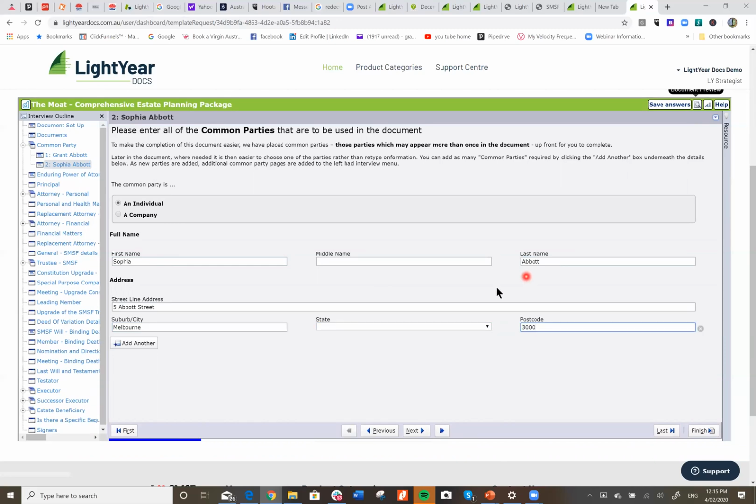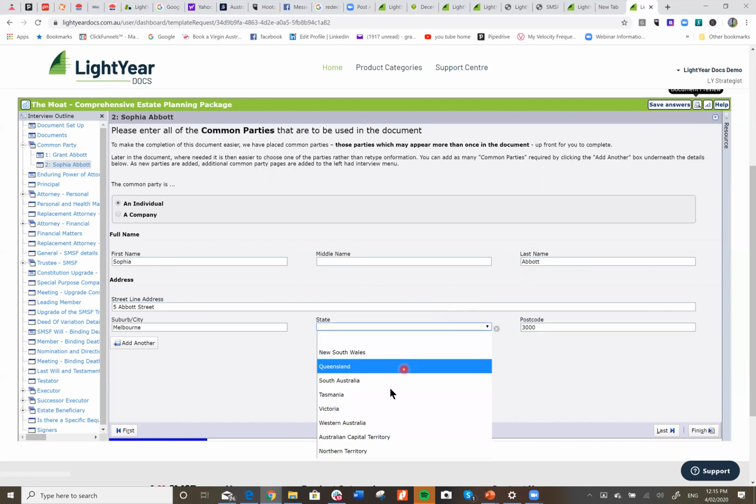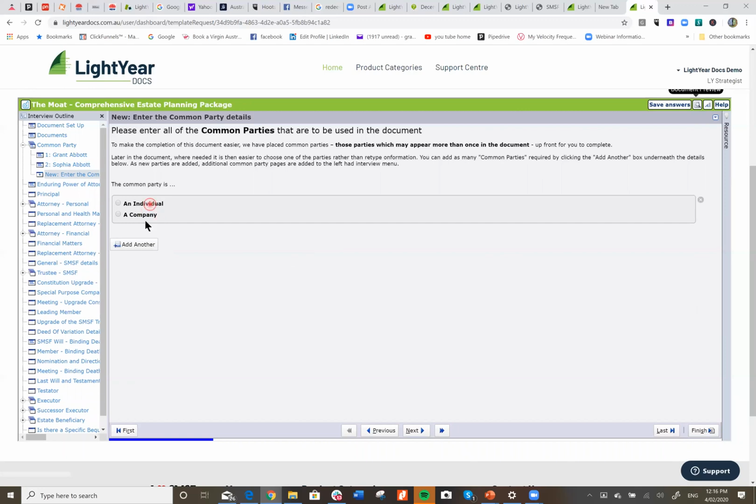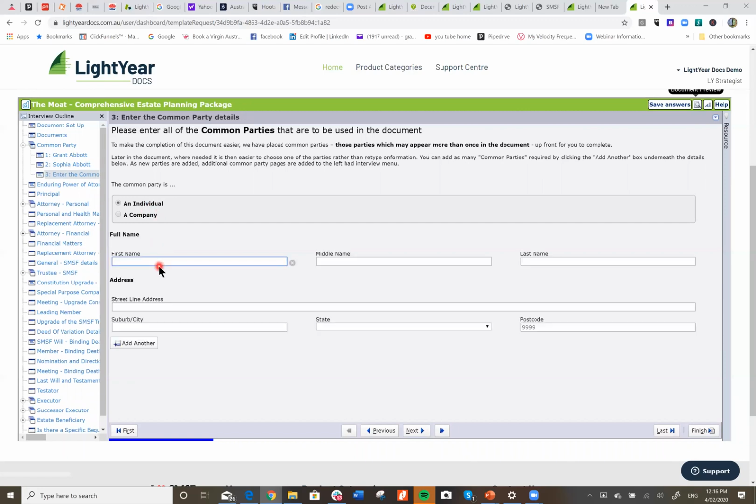3,000. I make sure I put this, otherwise it comes up as blank. Add another. So I've got an individual, my wife, Mrs. Amanda Abbott, and then I've got from here 5 Abbott Street, Sydney, New South Wales, 2,000.